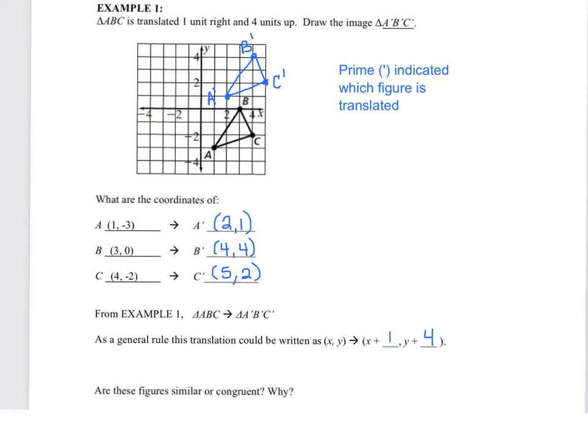So looking back at our rule, we did x plus 1, y plus 4. We went to the right 1, so we added 1. And then we added 4 to the y value. We went up 4.